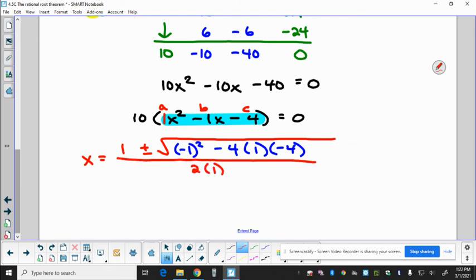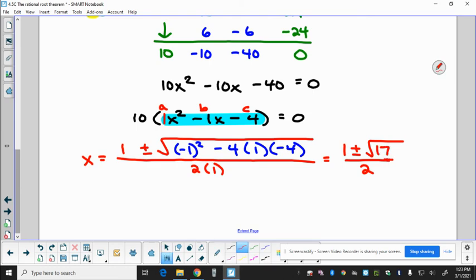Now, if you remember that little story I told you about before with the quadratic formula, that may help you out with this calculation. Let's get the discriminant. Go ahead and calculate those blue numbers. But I think what we're going to get here is 1 plus 16. It's going to be 17.